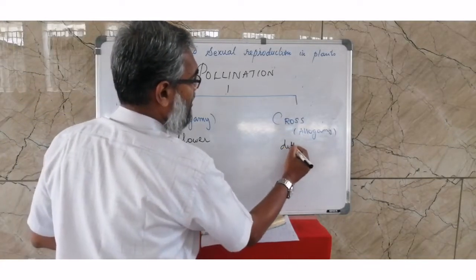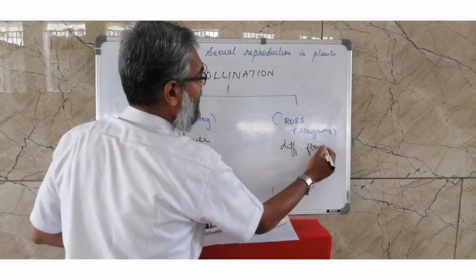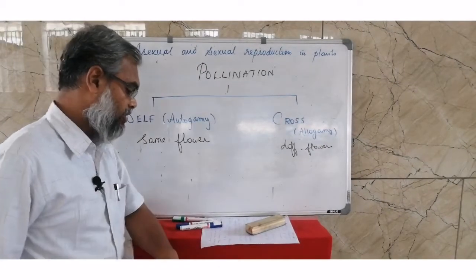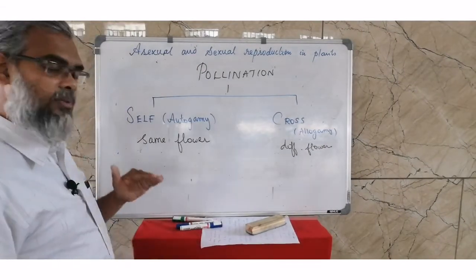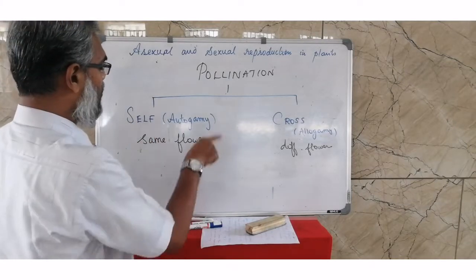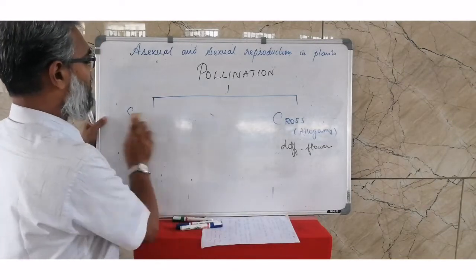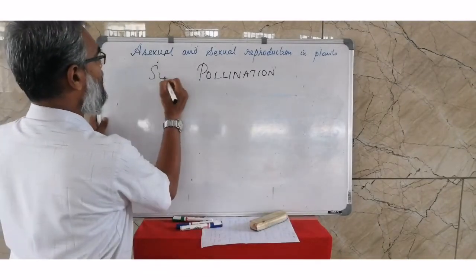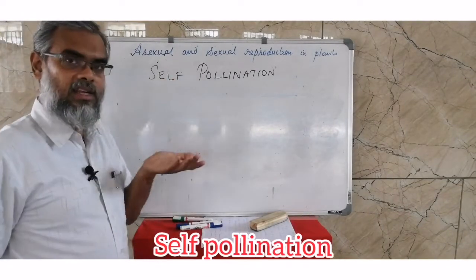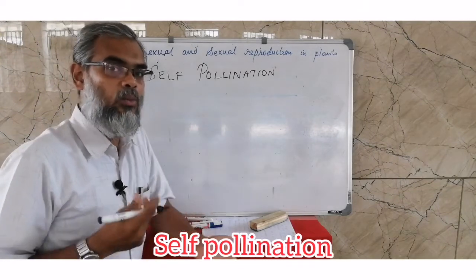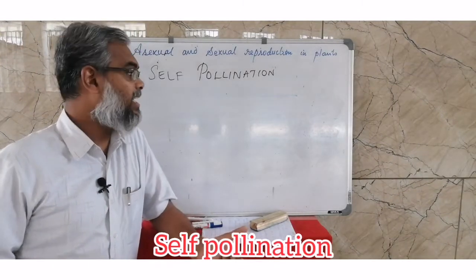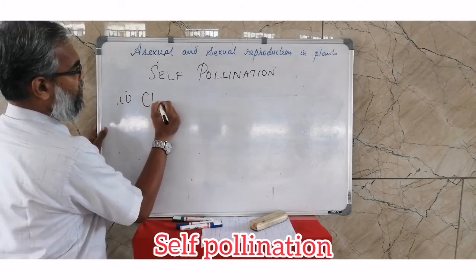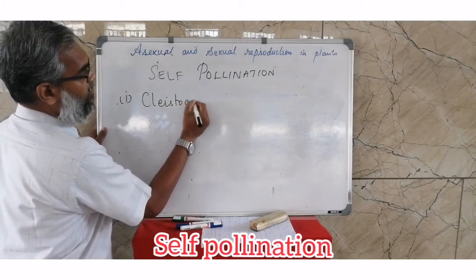Now let us discuss more about self-pollination. When we speak of self-pollination, there are some conditions when it occurs. The types of self-pollination, as we already discussed, the first one is cleistogamy.